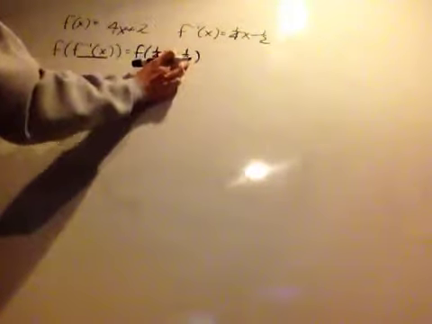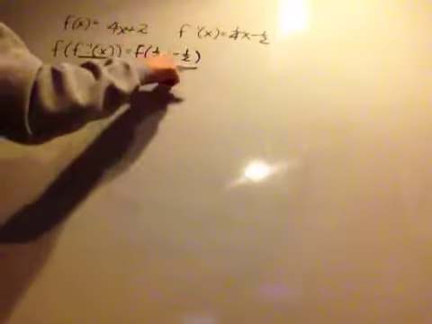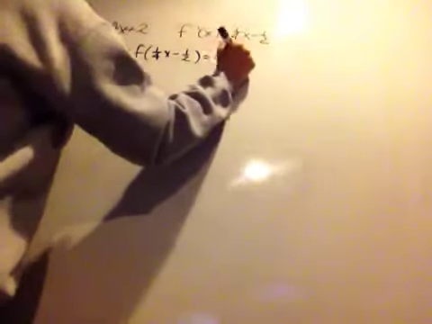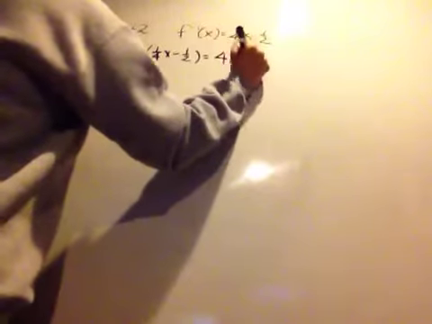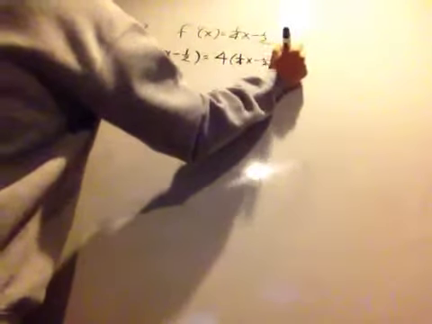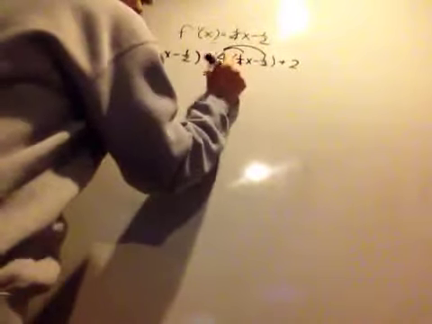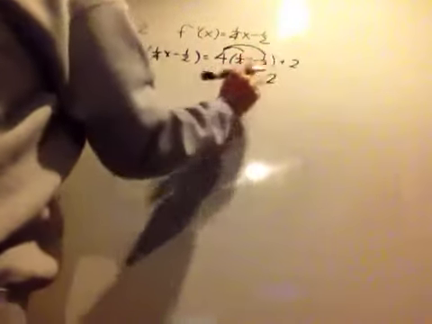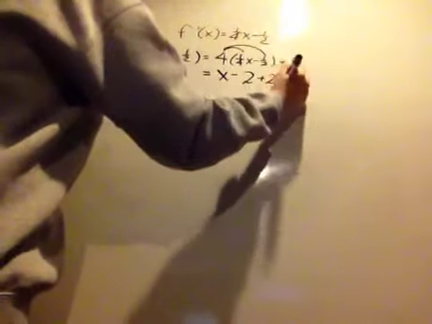This becomes my input variable in f of x. So instead of it being x, it's going to be 1/4 x minus 1/2. So I'm going to go to function f, and wherever I see that x, that input variable, I'm going to put in my new input variable. Now I'm going to distribute. 4 times 1/4 is just 1, so that's x. 4 times 1/2 is 2. So I have x minus 2 plus 2, which is just equal to x.